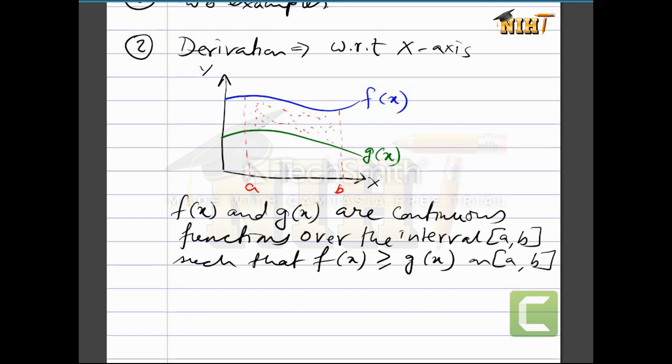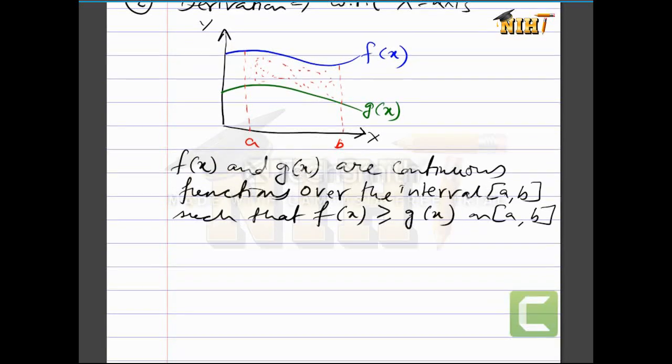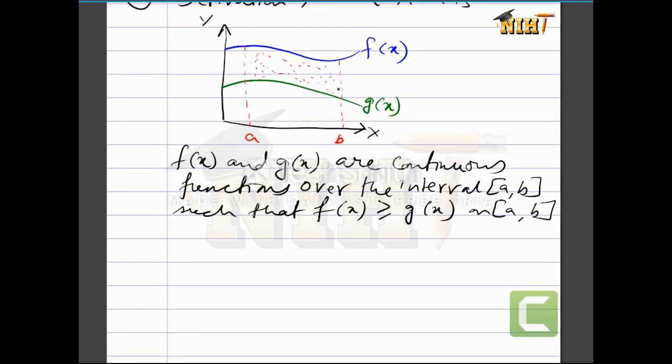Okay. Now, in order to find out the area, we apply a very simple trick. The trick is to put in very thin rectangular strips that can fill up this region of interest.